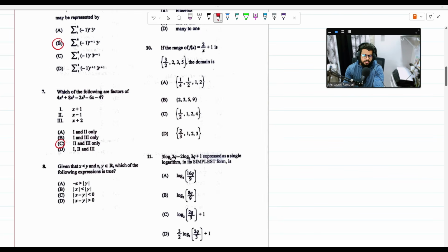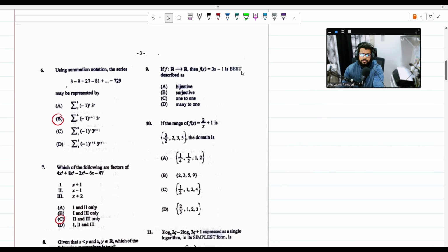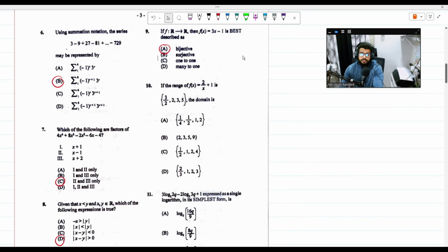Alright, so this here, the modulus function is always positive. This is bijective. The range of this, so if the range is that, the domain would have been this here.